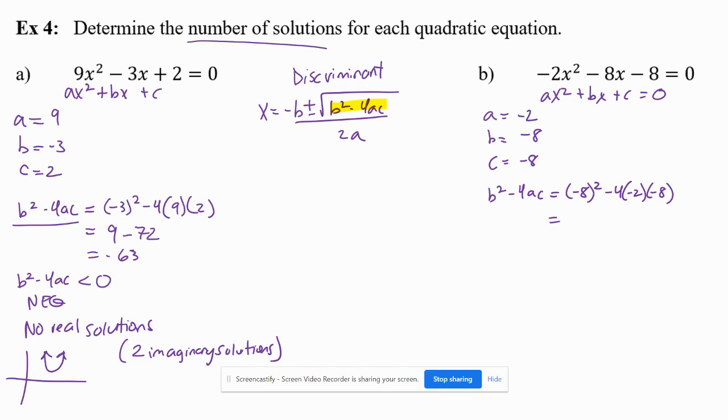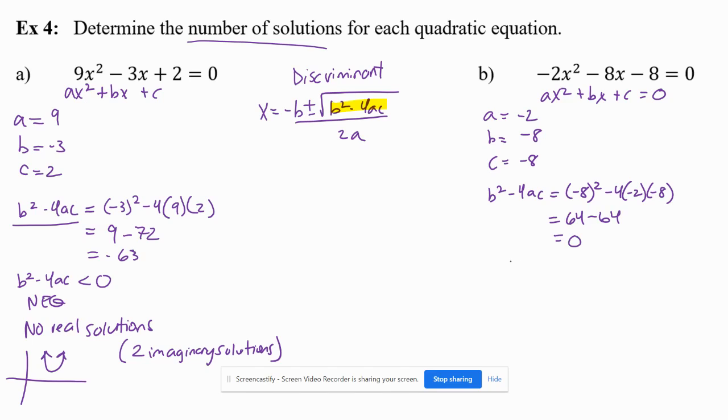Okay. Negative 8 squared will give us a positive 64. Then you want to do a negative 4 times negative 2 times negative 8, and you'll get a minus 64. 64 minus 64 gives us 0.